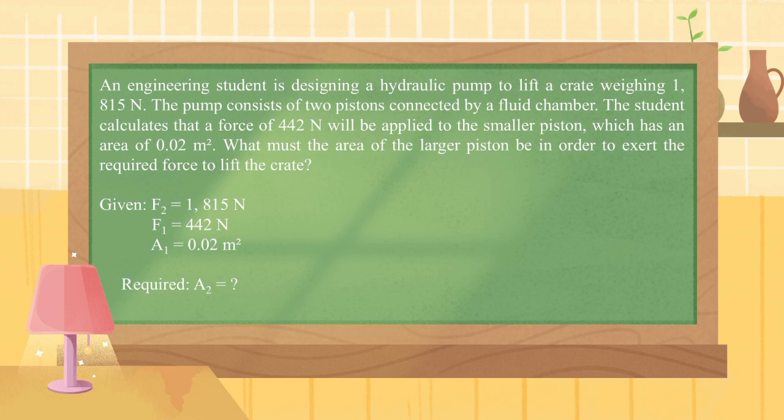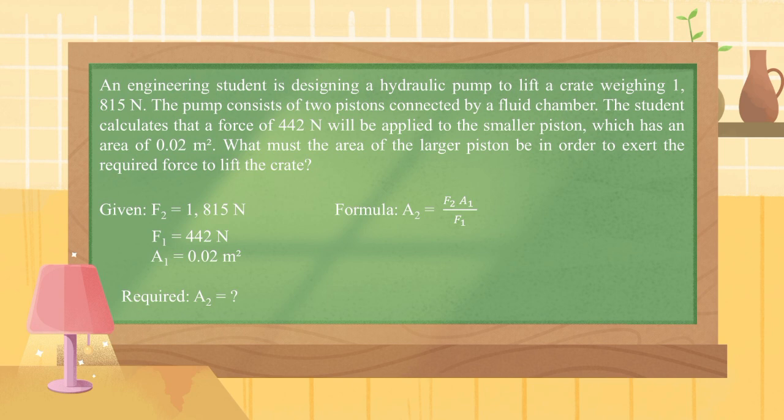So in the problem, we have F2, which is 1,850 newtons, and F1, which is 442 newtons, and also A1, which is 0.02 square meters. So the required is A2, or the area of the larger piston. Looking back at our discussion earlier, the formula that we need to use in finding A2 is A2 equals F2 times A1 divided by F1.